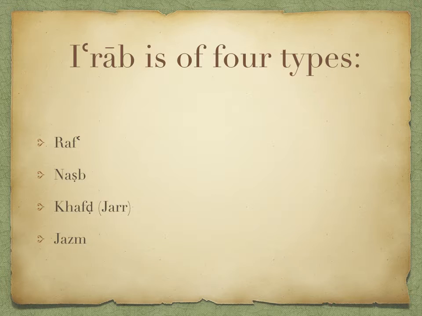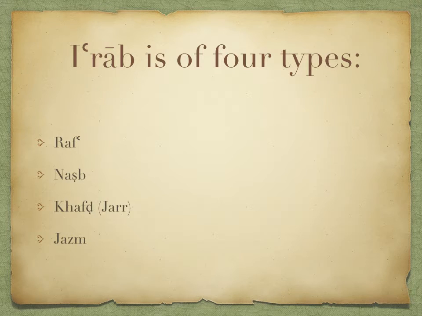And although asma are majzoom at times, generally it's like that. The author says, فللأسماء من ذلك الرفع والنصب والخفض لا جزم فيها. As a state of i'rab, what nouns have is rafa', nasb, and khafd, and they don't have jazm. وللأفعال من ذلك الرفع والنصب والجزم لا خفض فيها.